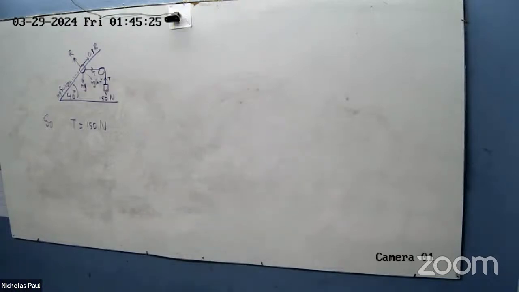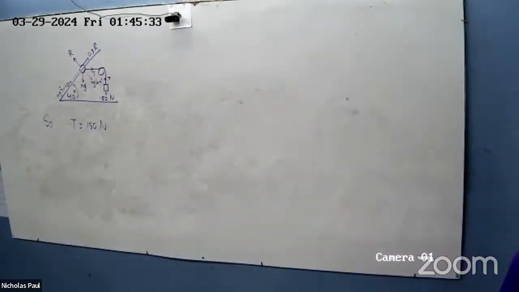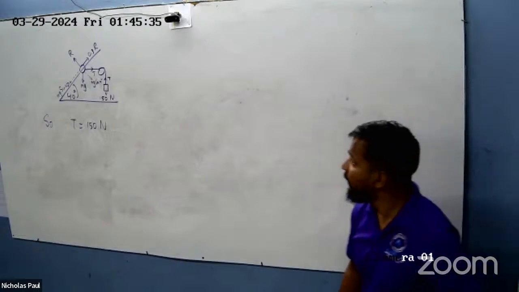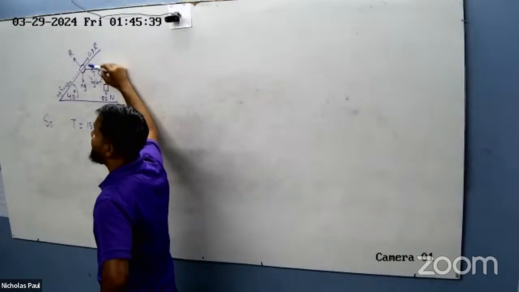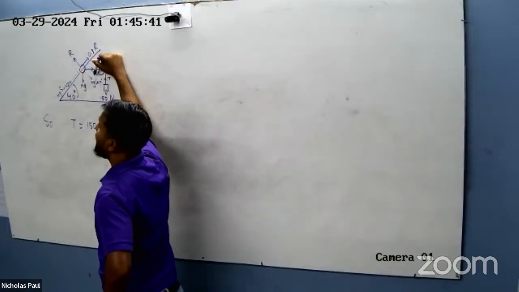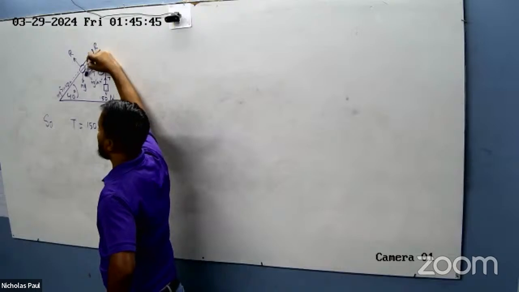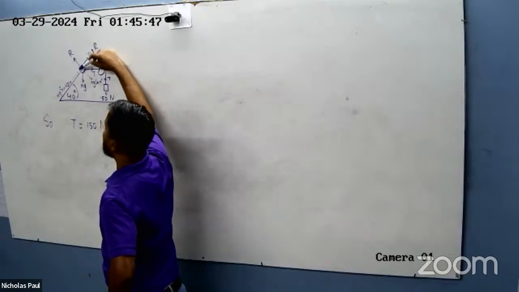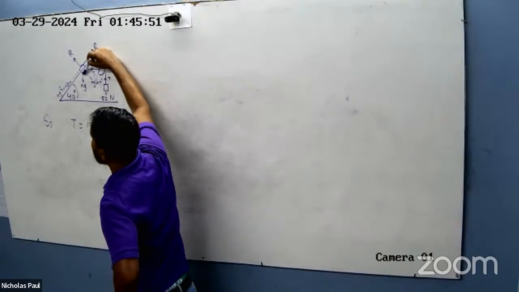All right, so resolve T. Saskia, don't sleep there. Resolve T parallel to the plane and perpendicular to the plane. If you're a little confused, pick a right-angled triangle right here.